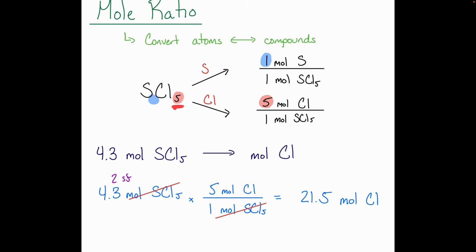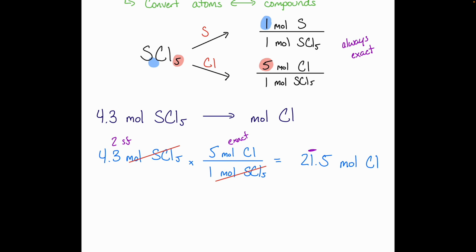That number, 5, there is exactly 5 chlorines per sulfur. It's not like sometimes there's 5.1, other times there's 4.9. So mole ratios are always exact, meaning not going to limit my sig figs. I'm going to round to those 2 sig figs, or 22 moles of chlorine.